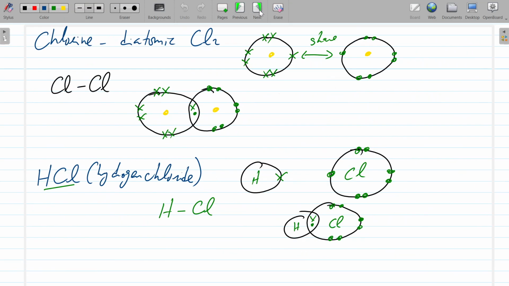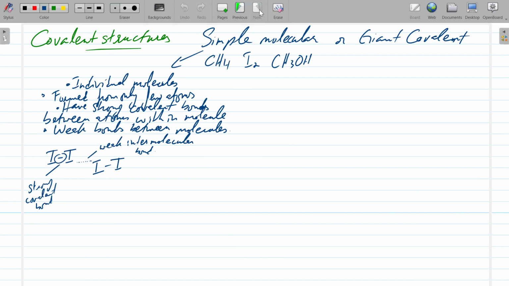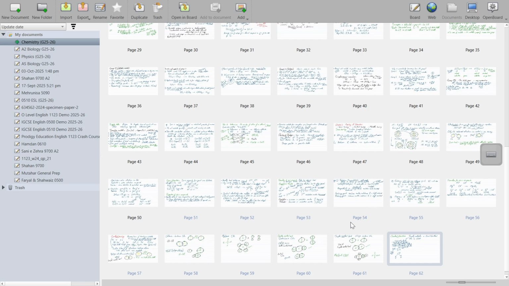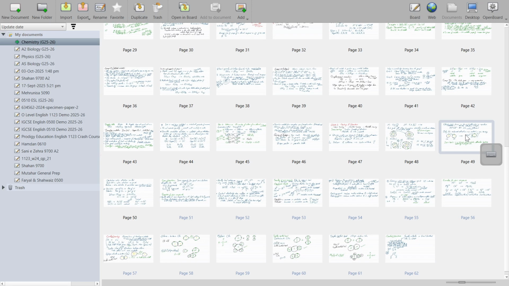Because of that delta negative and delta positive charge, the water molecule has delta negative here and delta positive here. I think we looked at hydrogen bonding actually, when talking about dissolving in ionic compounds.